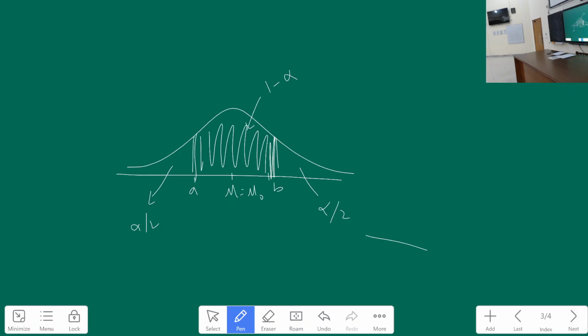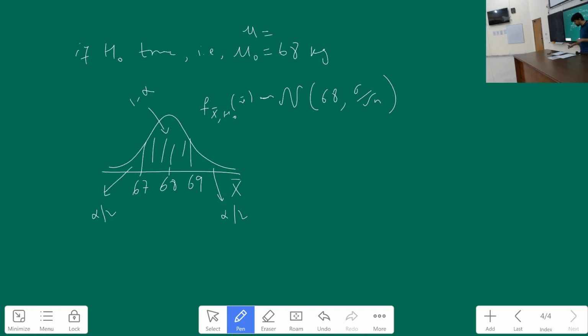So coming to this, now we know, I can write it like this. This is probability. Let's talk about one of those values.